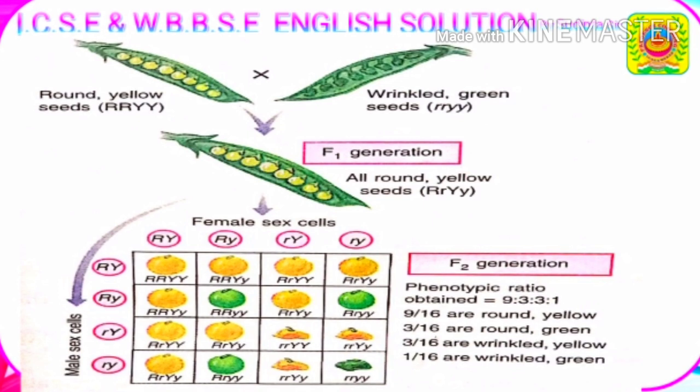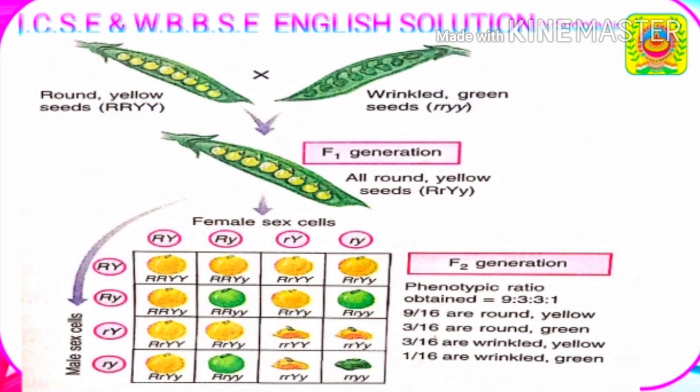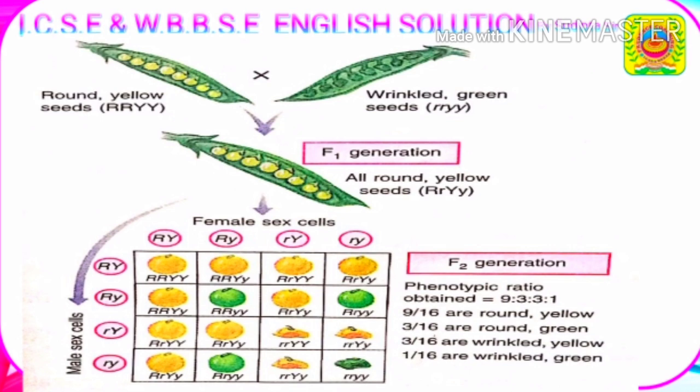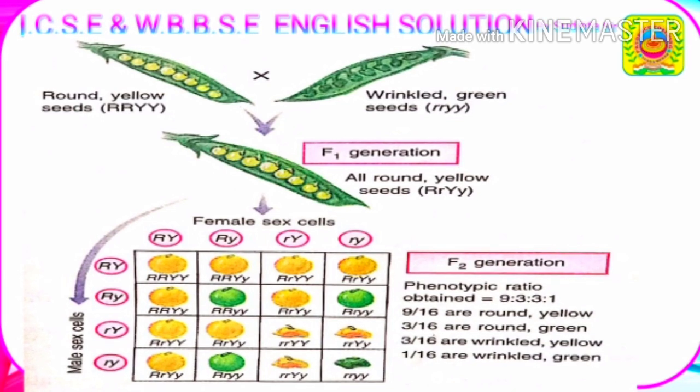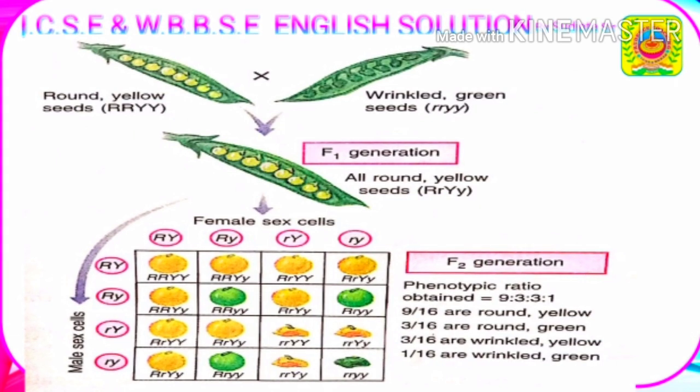In F2 generation and F1 generation, we'll just have a look at this combination. You can see the horizontal and the vertical sections. The horizontal section is denoted by female sex cells and the vertical section is referred to as male sex cells.